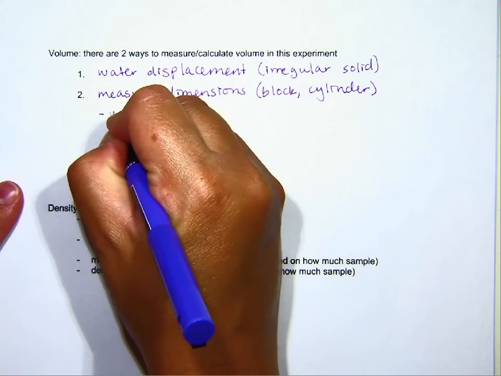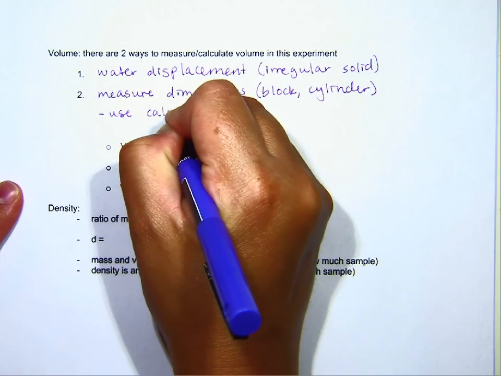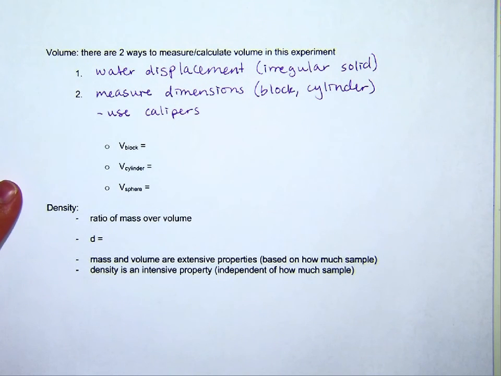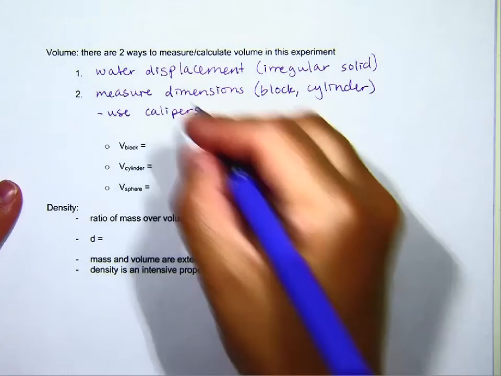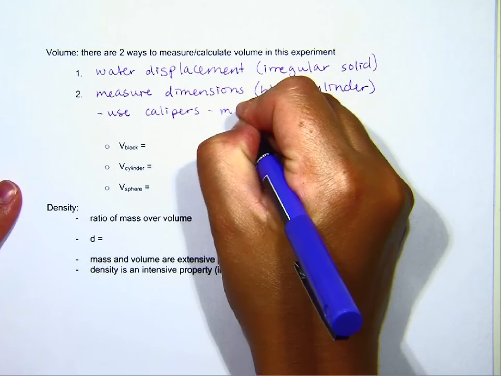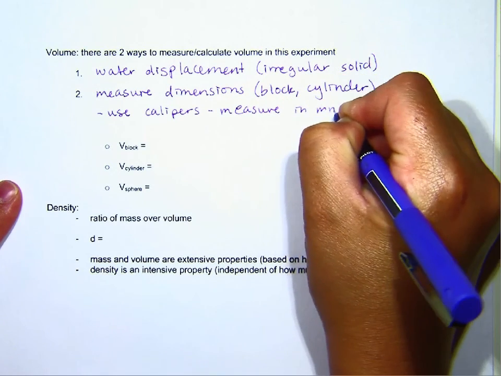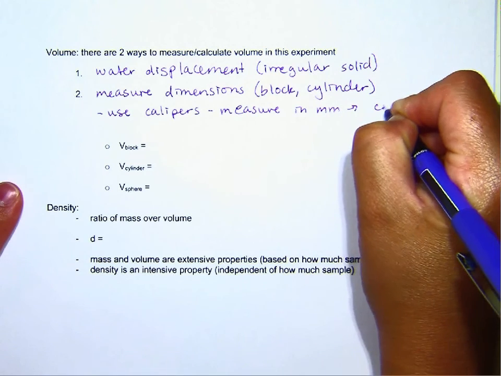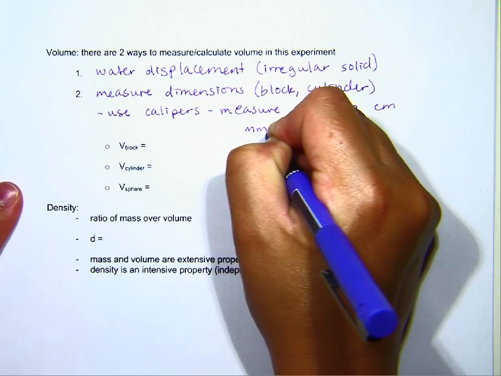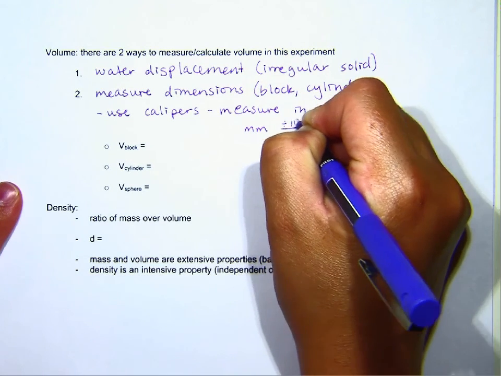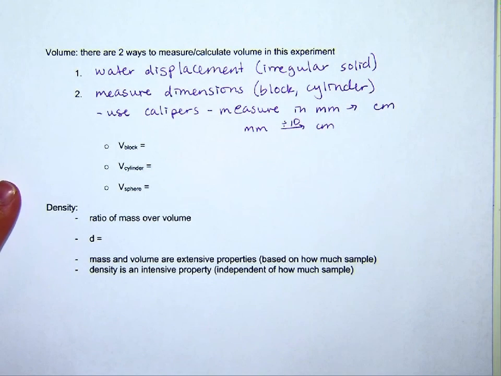To do this, we will use calipers. And the calipers that we have measure the dimensions pretty well, pretty precisely, but they measure in millimeters, and we want centimeters. So to go from millimeters to centimeters, all we have to do is divide by 10, as you'll hear in the video.